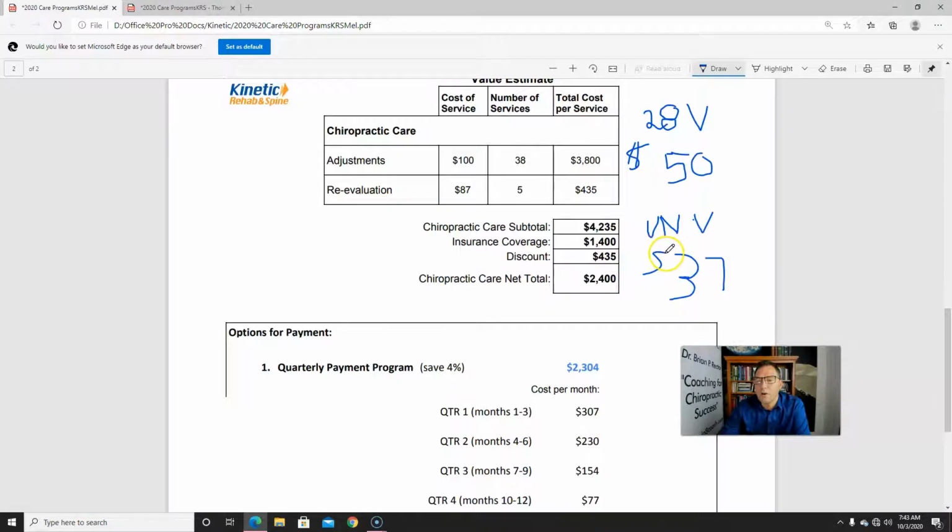And you see here, our charge is $100 per visit. So if we're going to calculate $37 on unlimited visits, again, it's 37 times 38 equals $1,406. So say it's roughly $1,400. So we know we're going to get roughly $1,400 from that insurance company.